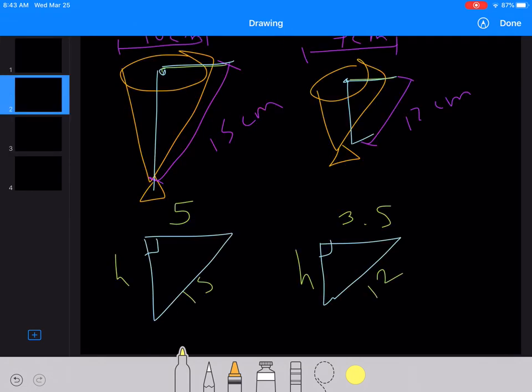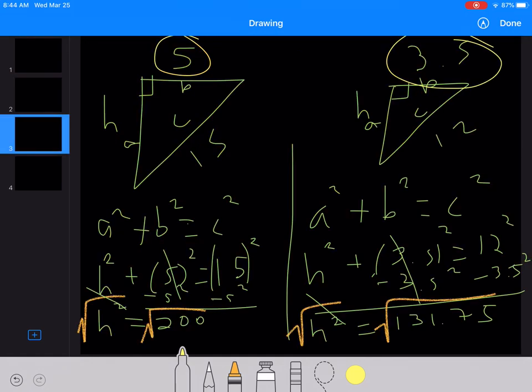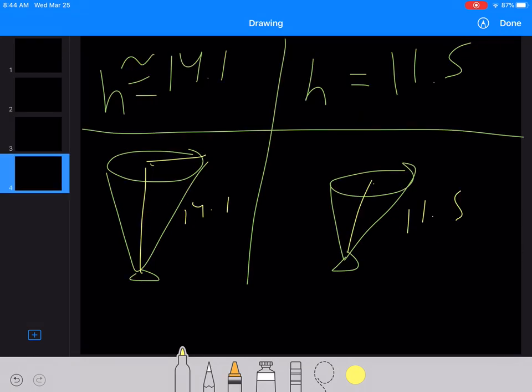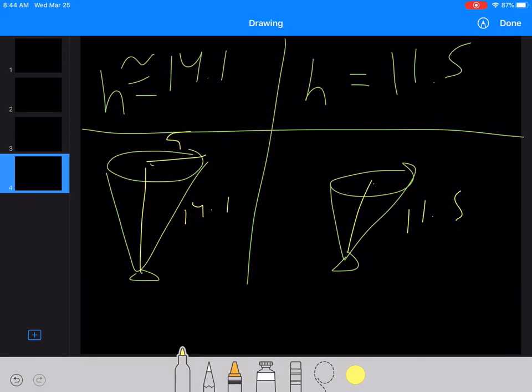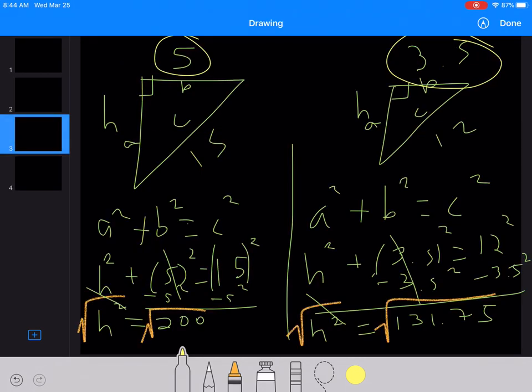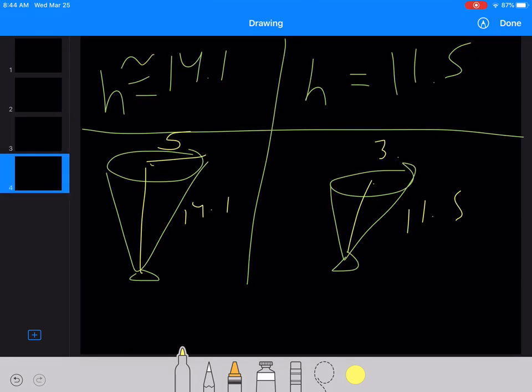So the diameter given to us here was 10 centimeters, and the other one was 7 centimeters. So we cut those diameters in half to find the radius to make these triangles. So the radius of the larger cup is 5. The radius of the smaller cup was 3.5. And that's basically all we need here to do this calculation.